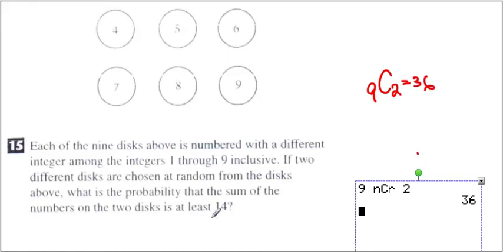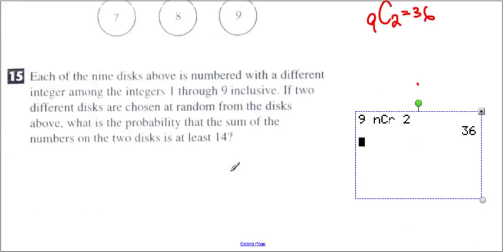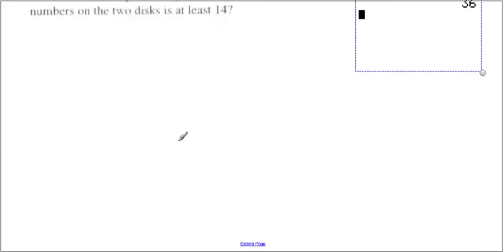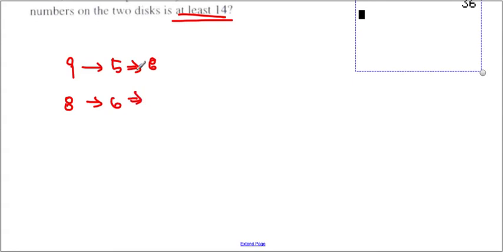But how many ways can you pick two numbers whose sum is at least 14? So let's try to make a quick list here. If you have 9, which numbers are possible? At least 14, that means 14 is allowed. So we are looking at 5 all the way up to 8. If 8 is the highest number, then we will have from 6 all the way up to 7.